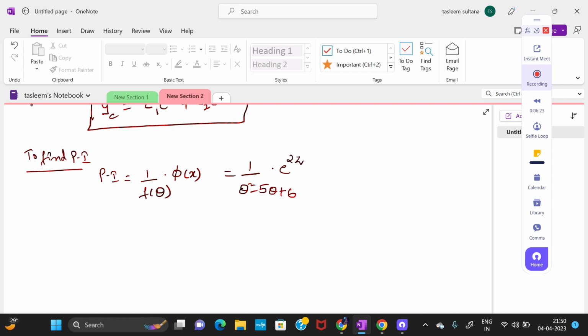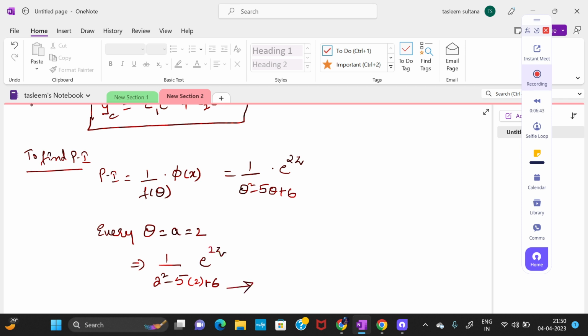Now you have to substitute theta equals a equals 2, which gives 1 by 2 whole square minus 5 into 2 plus 6, e to the power of 2z.